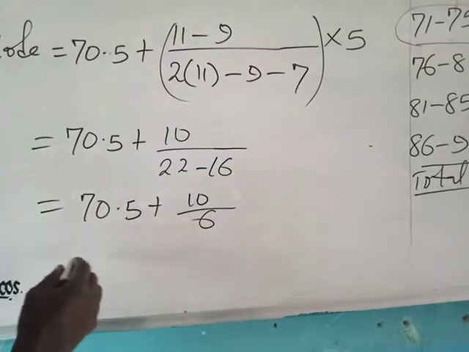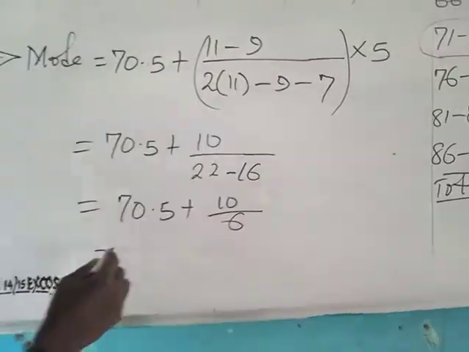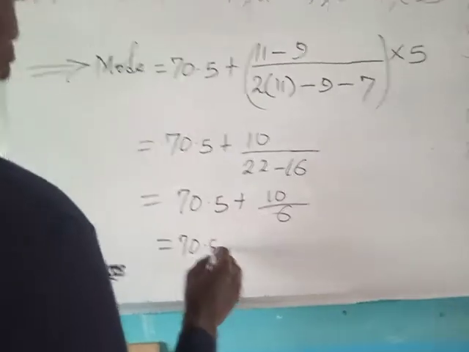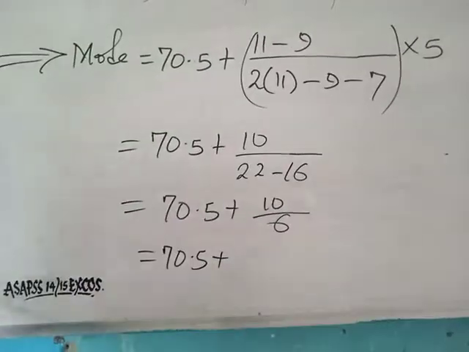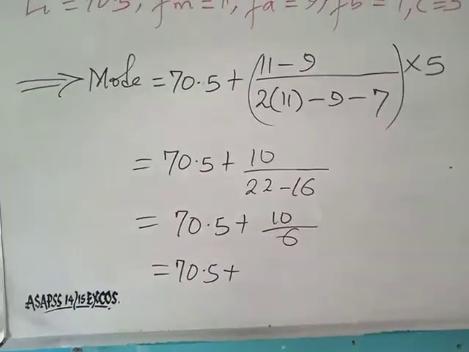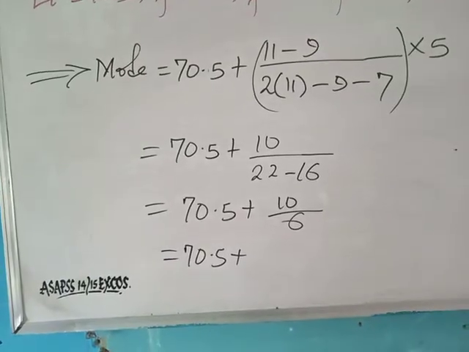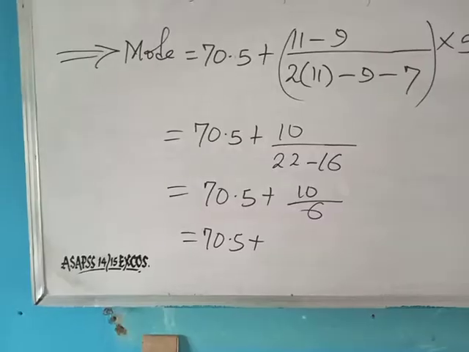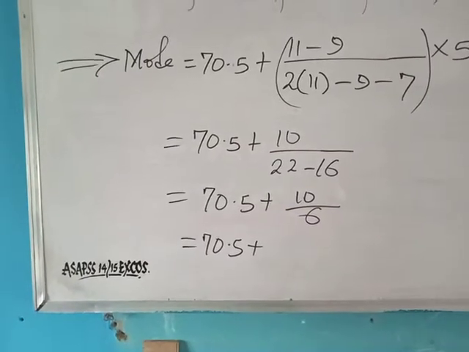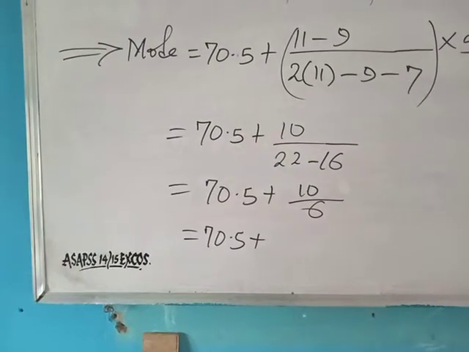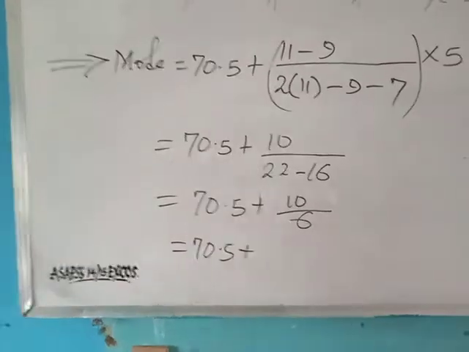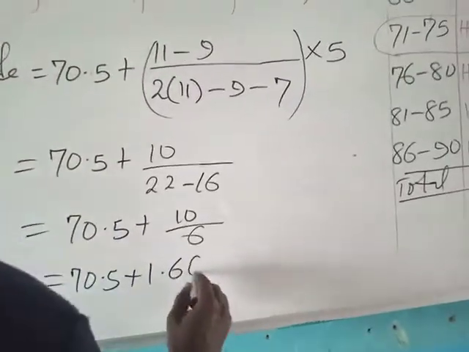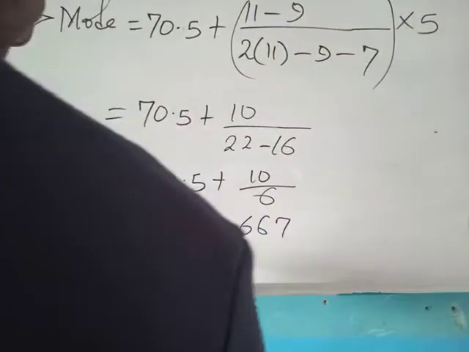So let's divide it. This will be 70.5 plus 10 divided by 6, we have 1.666. So this gives you 1.67.